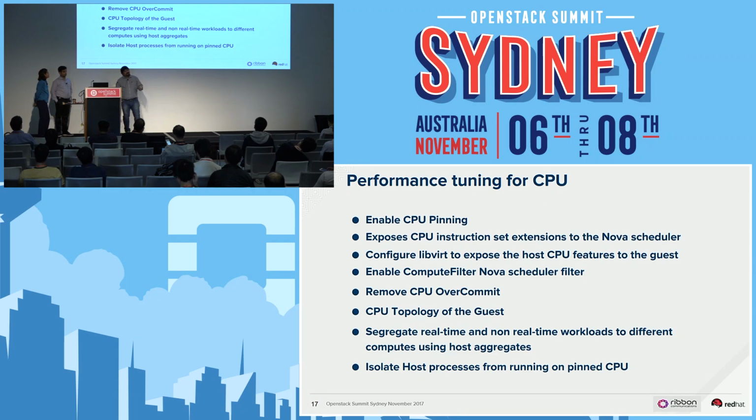And isolation of the host processes: when we have the telco NFVs running on the VM and pinned to particular cores, we have to also remember that there have to be some cores left for the host processes to run. There can be OpenStack processes and many other processes running on the host, so those have to be isolated out. The cores have to be separated for the host level processes and the guest level processes.